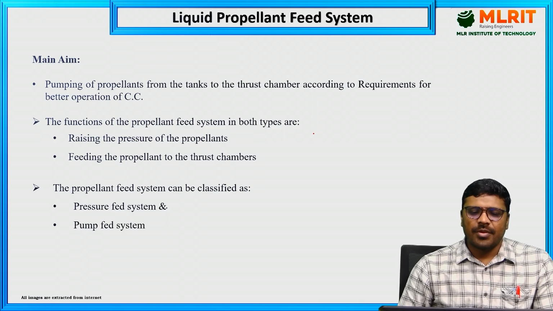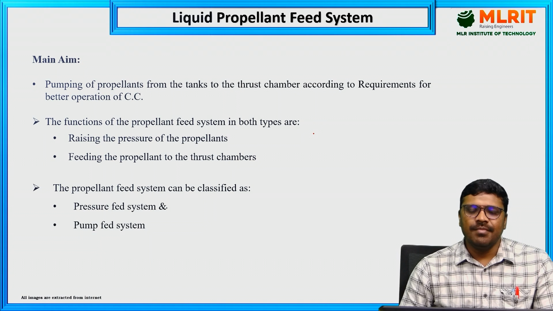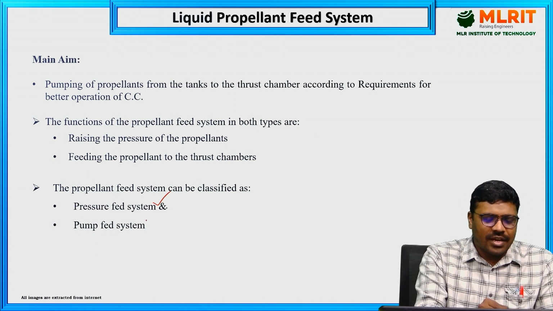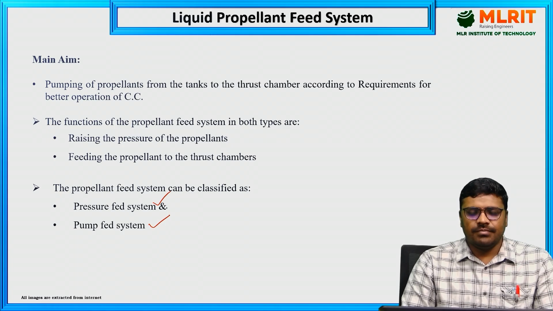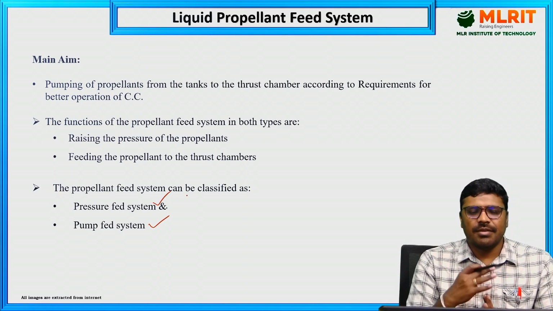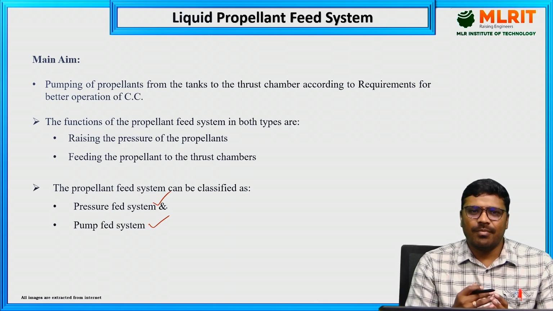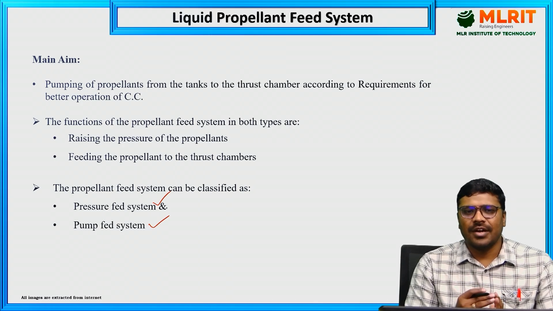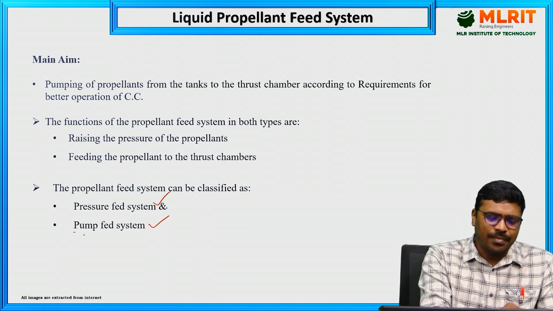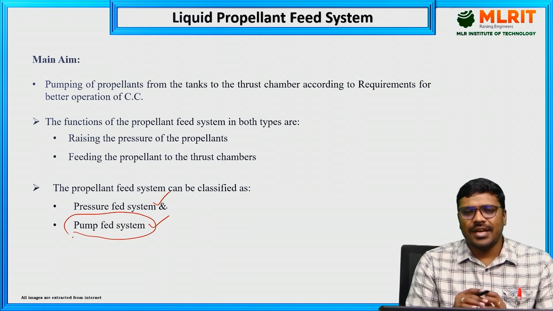Coming to the types of feed system, there are two major types of propellant feed system. One is the pressure feed system and the second one is the pump feed system. Pressure feed system means here we maintain some pressure in the propellant tank so that the propellant will be automatically supplied at the required pressure to the combustion chamber. Coming to the pump feed system, we use the help of turbo pumps.